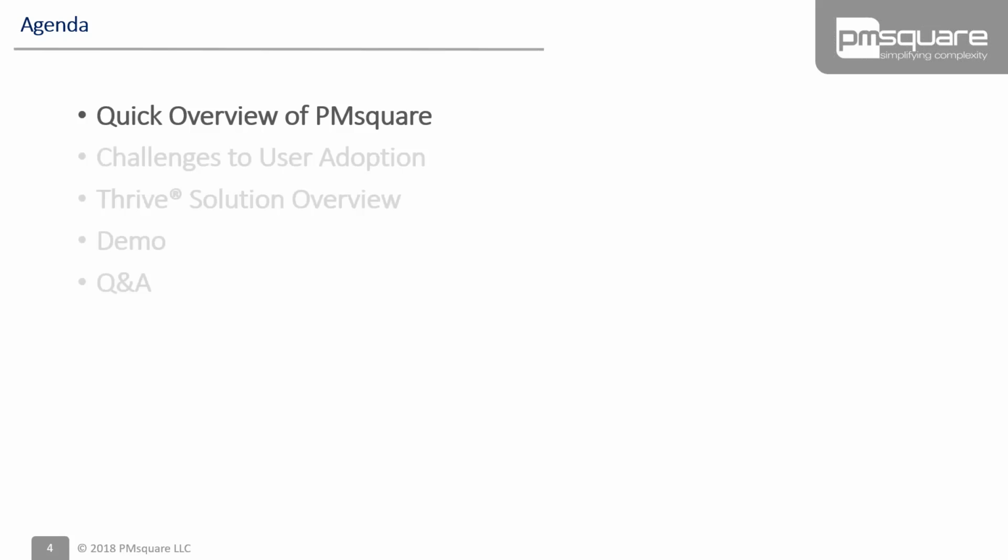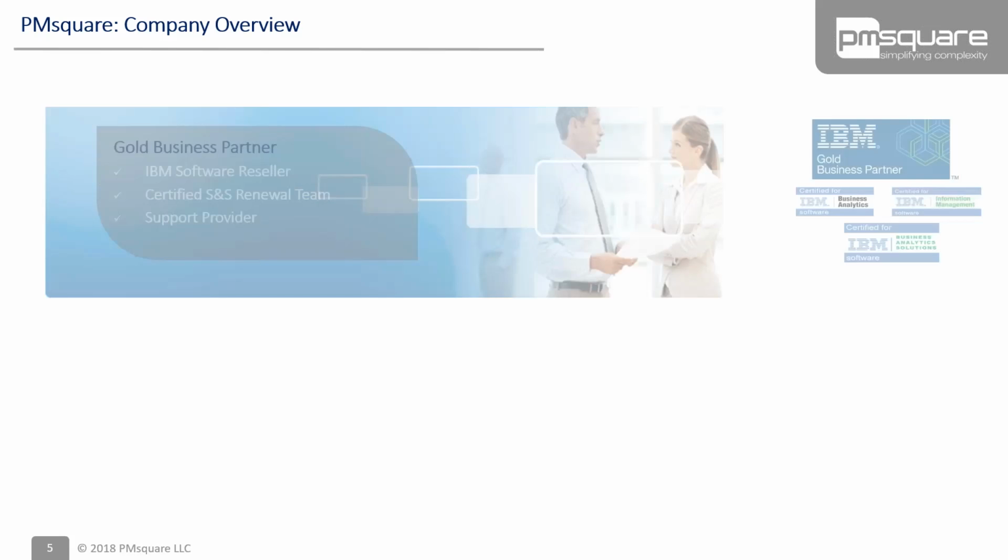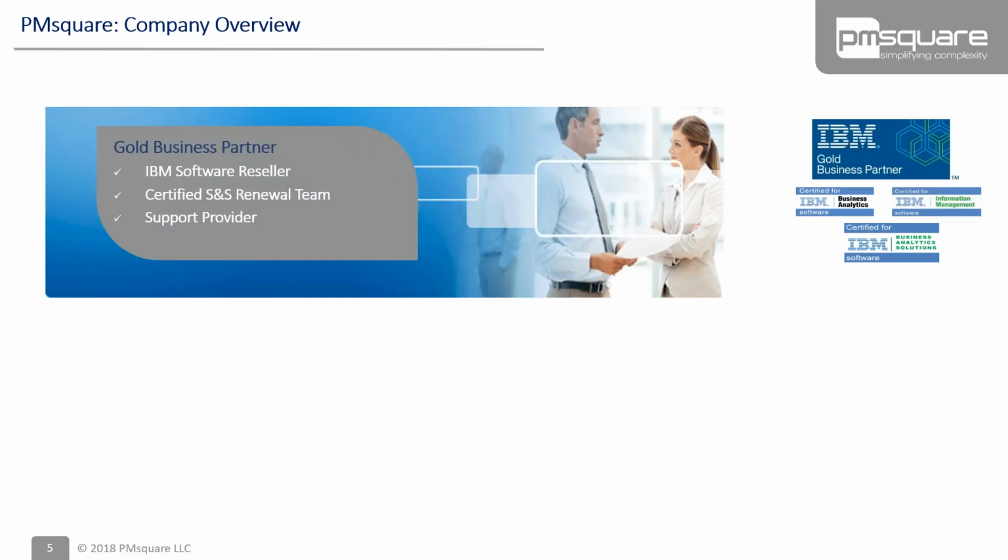With that said, I'll do a quick overview of PMsquare. For those of you who may not be familiar with who we are as a company, our company really comprises two distinct pillars. First and foremost, we are a Gold IBM Business Partner. What that means is that we work with customers to help you with anything related to IBM, whether that means you want to procure new software licensing, your ongoing annual support renewal needs to be transacted, or providing any kind of support that you need, and really helping you to navigate your way through the big blue that is IBM.